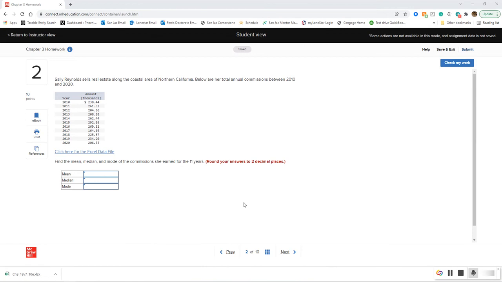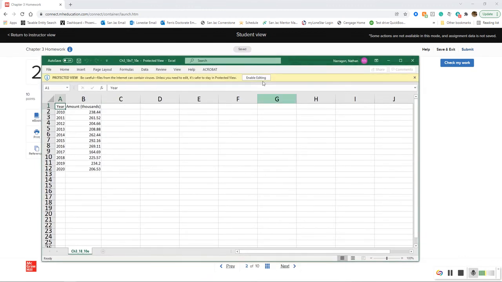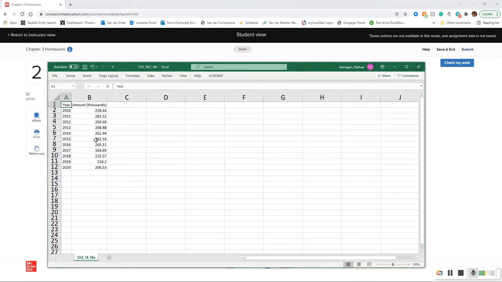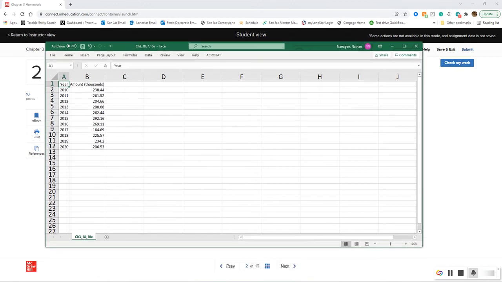So, let it boot up. There it is. Enabling that edit. Okay, so we want to find the mean. Now again, when I highlight the numbers, I can easily find the average. They always show the average right here if we want to find the mean. But we're going to go ahead and auto sum anyway.